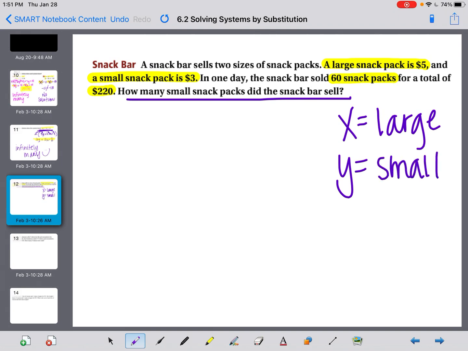Okay, then if we're talking about money, we know that there was a total of $220. And that was made up of our large snack packs, which are $5, so 5x, and our small, which are $3, so 3y. That is our first equation for this system. We still have this number right here, the 60 snack packs. So now we know that we also have a situation that's not talking about money.